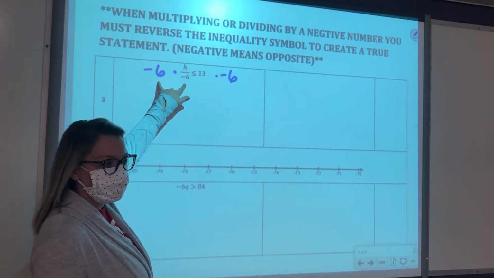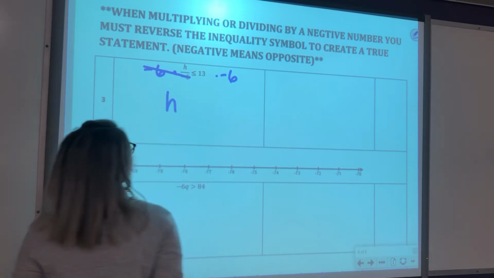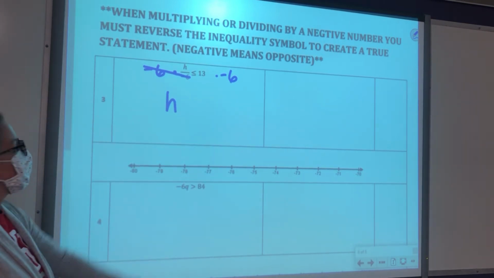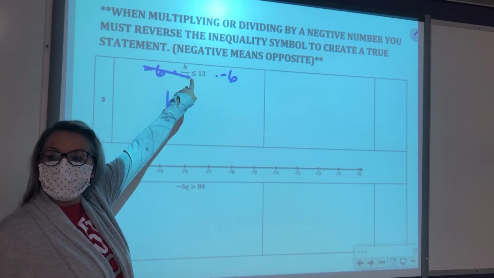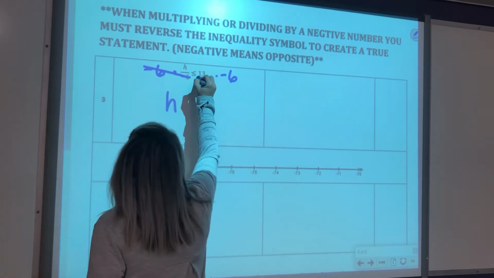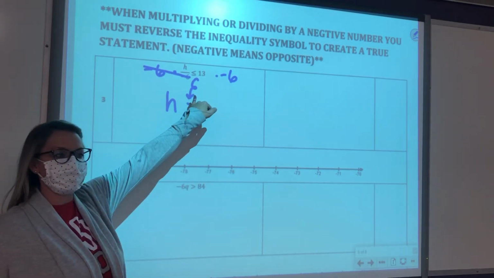Negative 6 cancels out, and I'm left with h. Because I multiplied by a negative, my less than or equal to sign becomes a greater than or equal to sign. So I reverse my inequality sign.